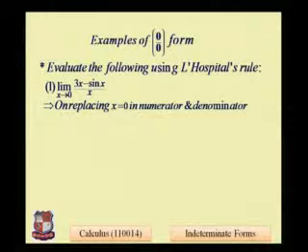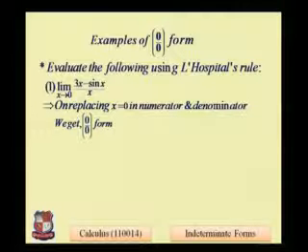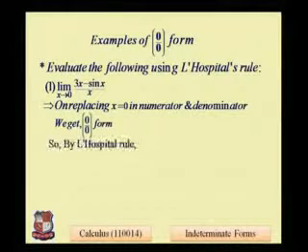So on substituting x is equal to 0 in the given function, we will get 0 by 0 form. As I am substituting x is equal to 0 in numerator and denominator, I will have 0 by 0 form. So as we have studied about L'Hospital rule, we can apply L'Hospital rule over here. That is, we have to find the derivative of numerator and denominator separately.